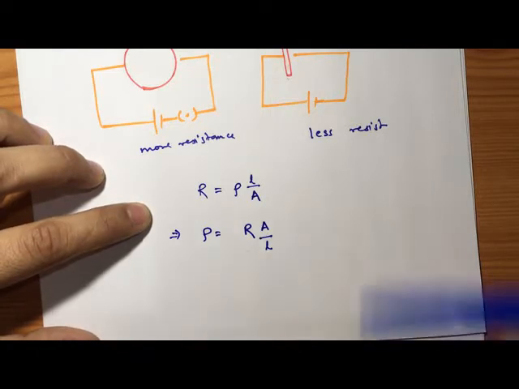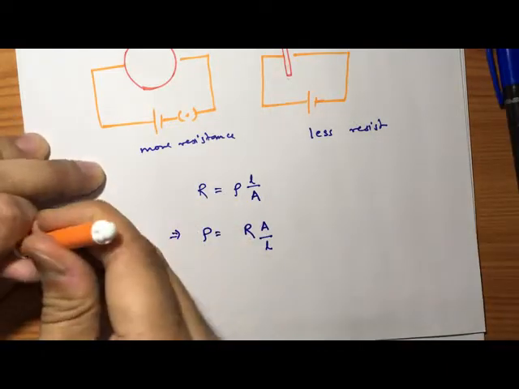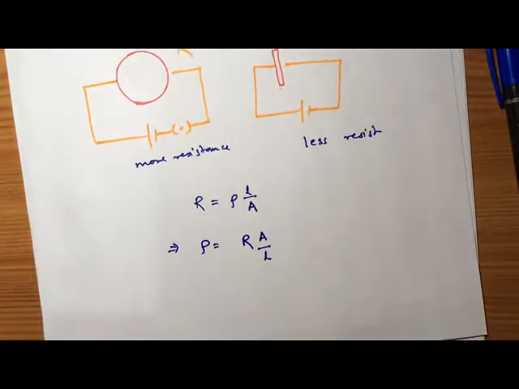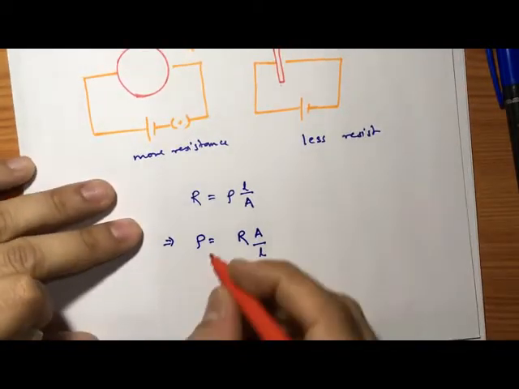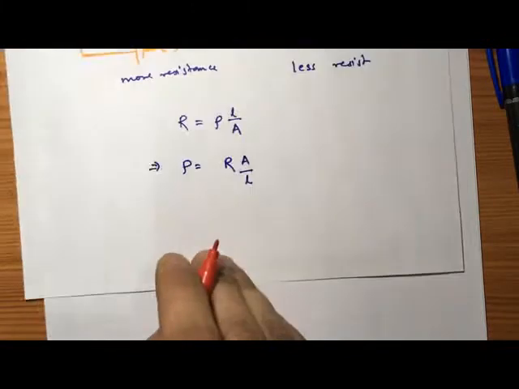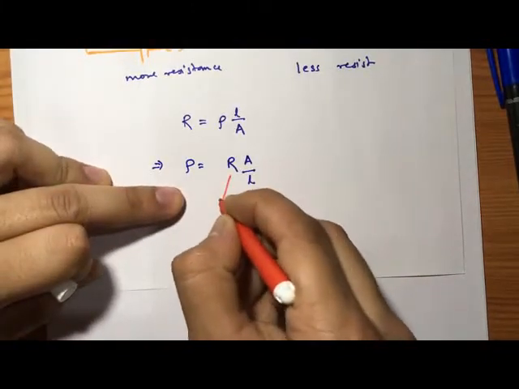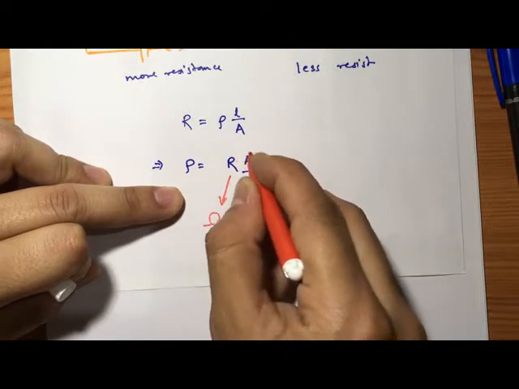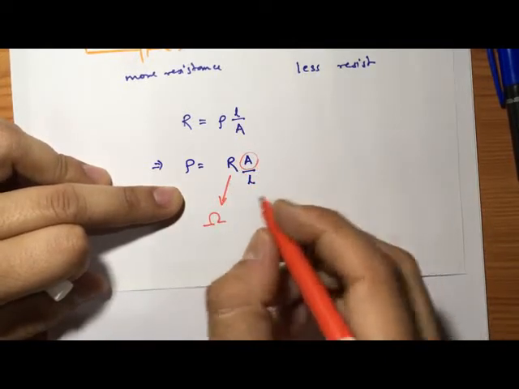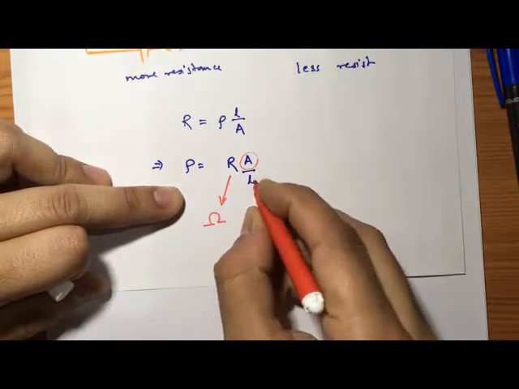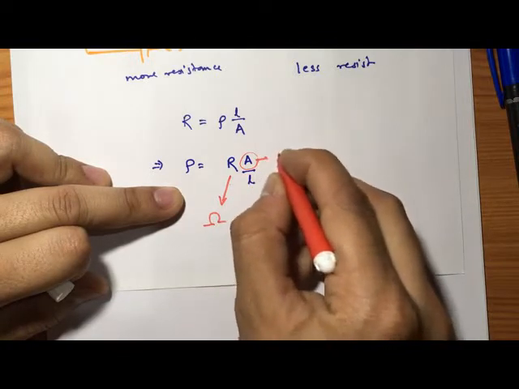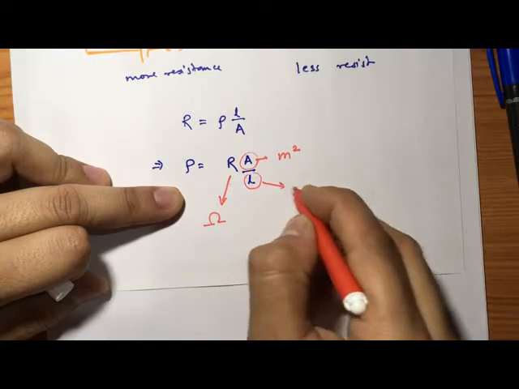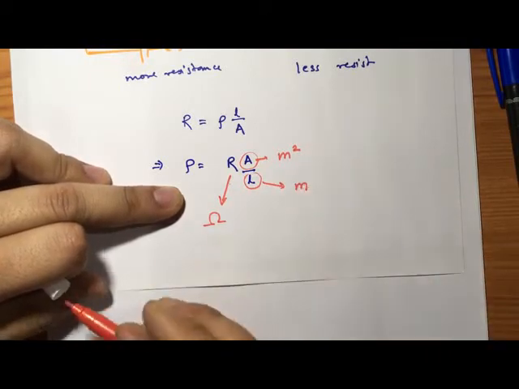The resistance has unit ohm, we denote that by the letter omega. A is the area of cross section, and the unit of area is meter square, and length has unit meters.